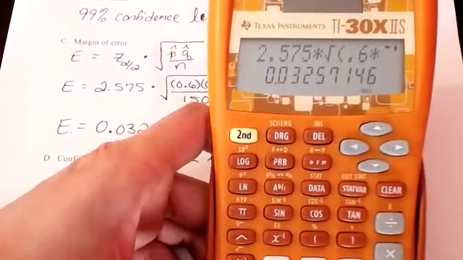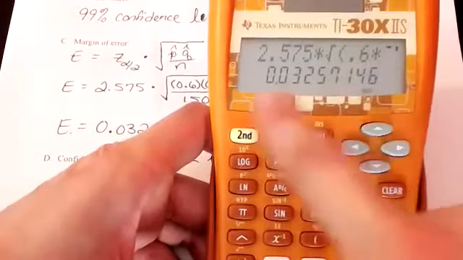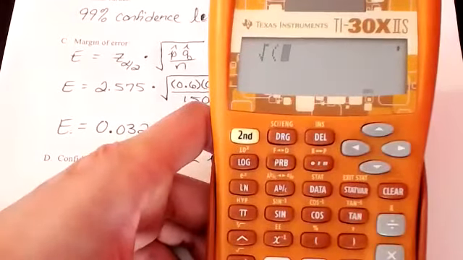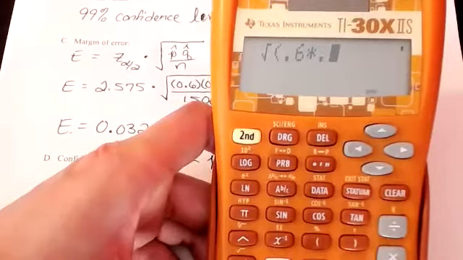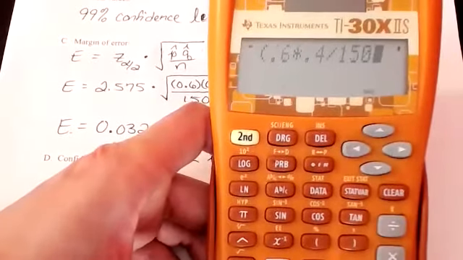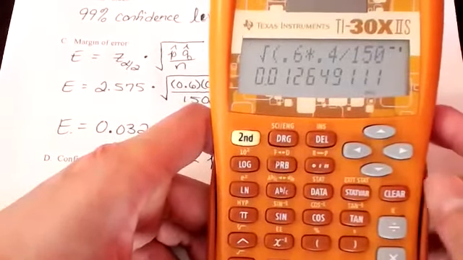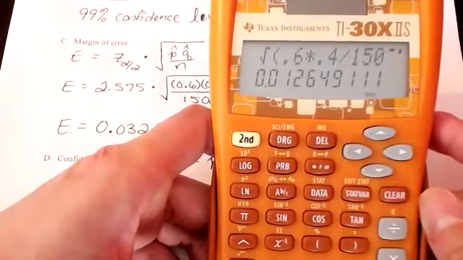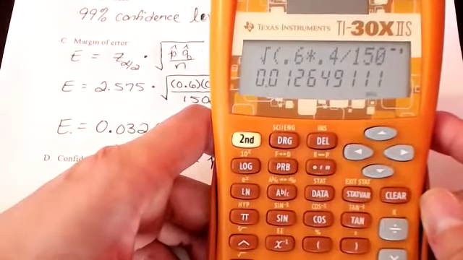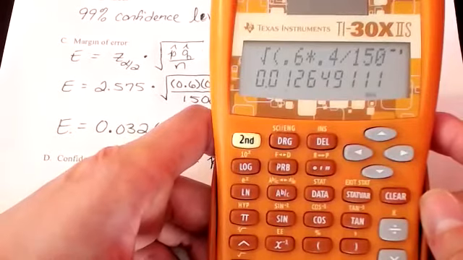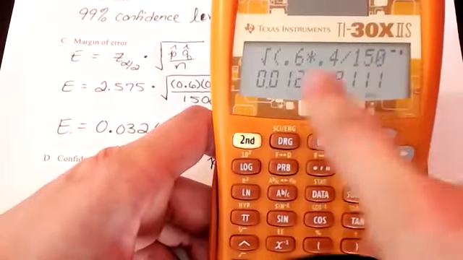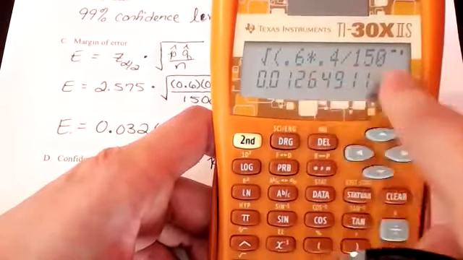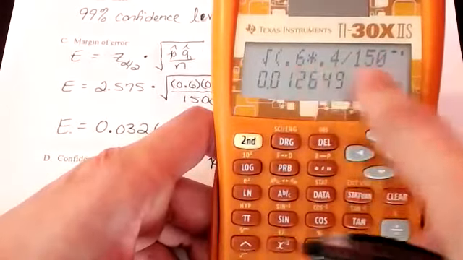Now, I could, if I wanted to, just plug in what's underneath the square root. So square root, I do the same thing, 0.6 times 0.4 divided by 1500. And then I'd close it and we get 0.012649111. So we don't have to use the parentheses again, because before you said to use 2 parentheses. You don't have to, you can, but realistically, you actually don't have to.